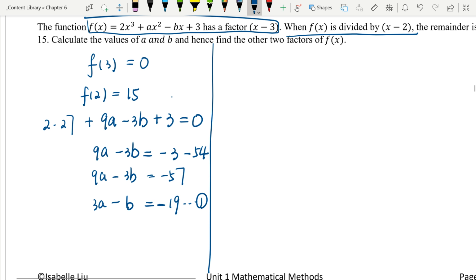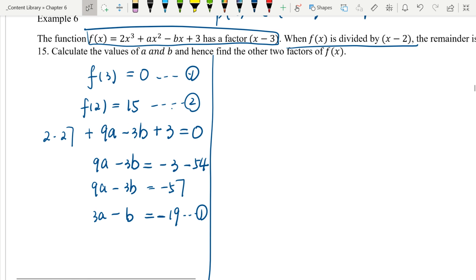After simplifying, the first one becomes 3a minus b equals negative 19. And f(2) equals 15. So f(2): 2 to the power of 3 is 8, so it's 2 times 8 plus 4a minus 2b plus 3.